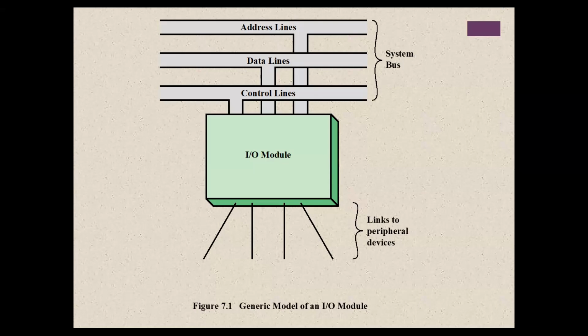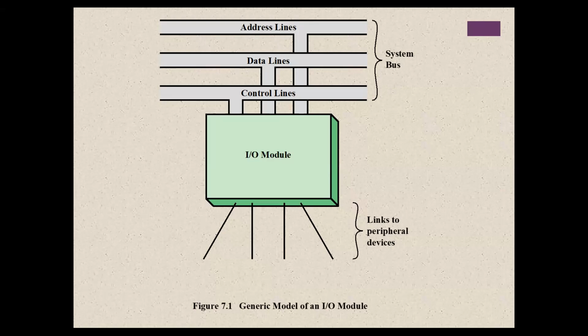And then we would also examine in some detail direct memory access and the more recent innovation, direct cache access, DCA. And finally, we will examine the external I/O interface between the I/O module and the outside world.